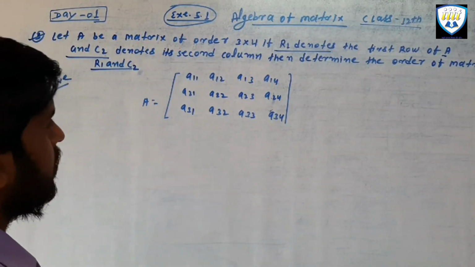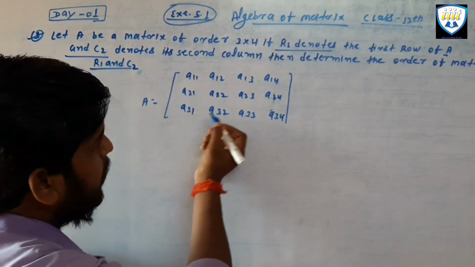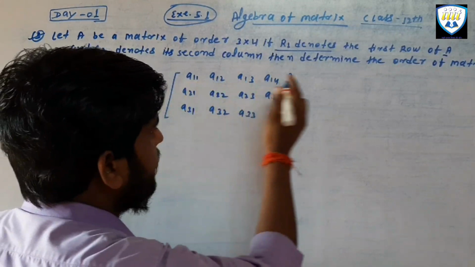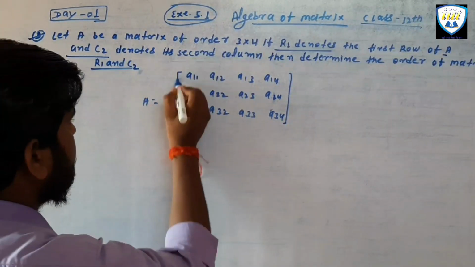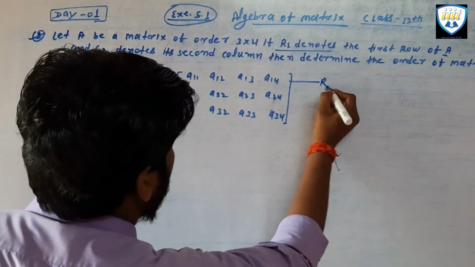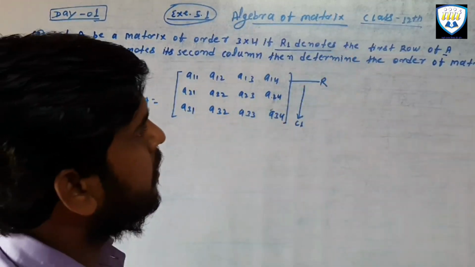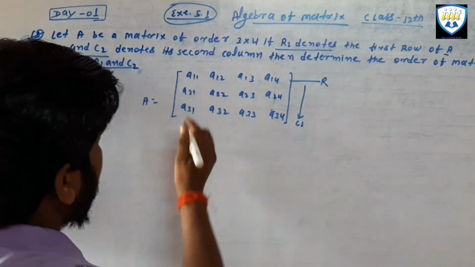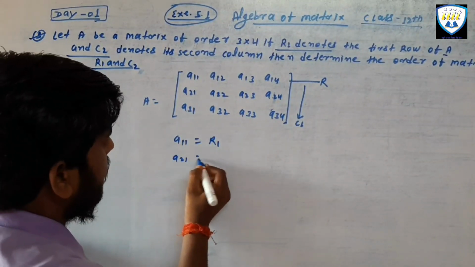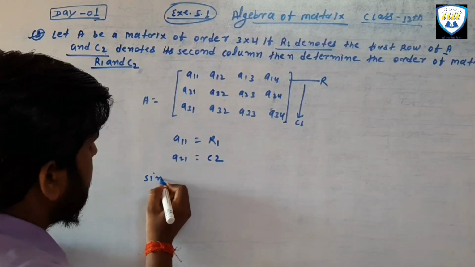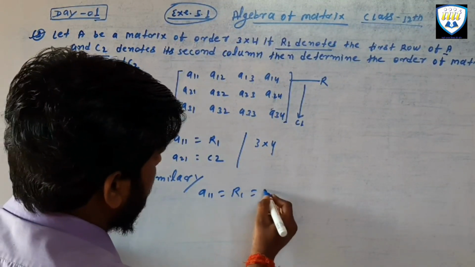R1 denotes the first row, A11, A12, A13, A14, so its order is 1 into 4. C2 denotes the second column, A12, A22, A32, so its order is 3 into 1.